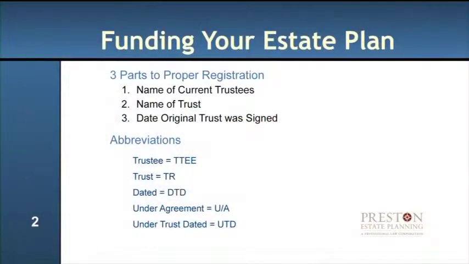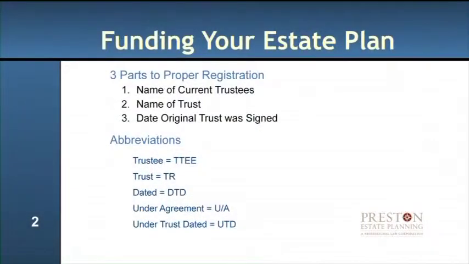Now, when you put things in the name of the trust, there are three things that you want to have on that title of the registration. The number one thing is the trustees, because all trusts have trustees, and the trustees are the people who are managing the day-to-day affairs in the trust. When you register an account at a financial institution, they will ask you, who are the trustees?